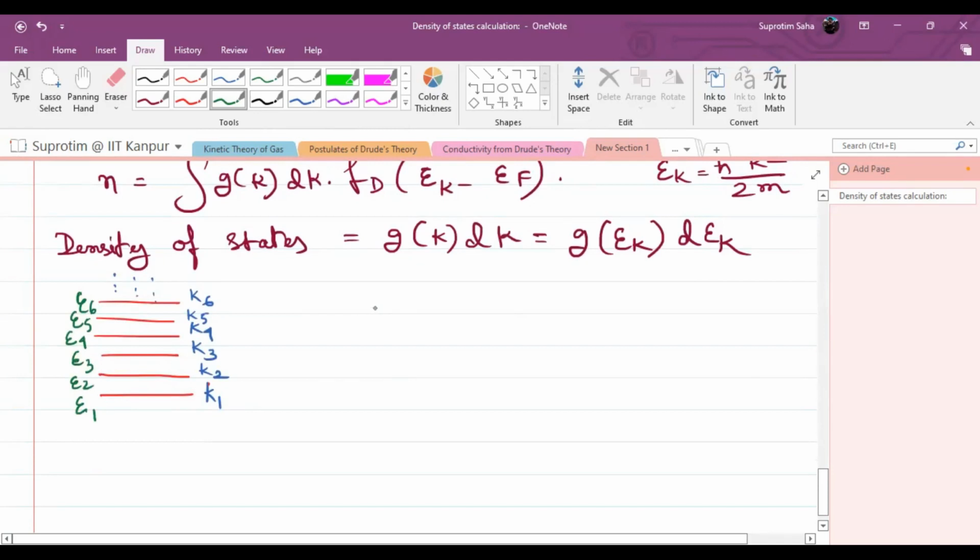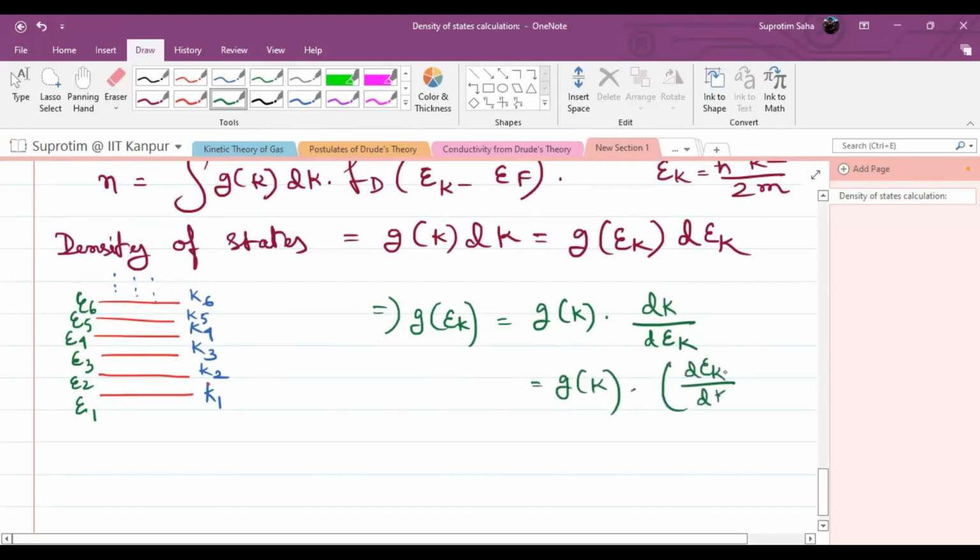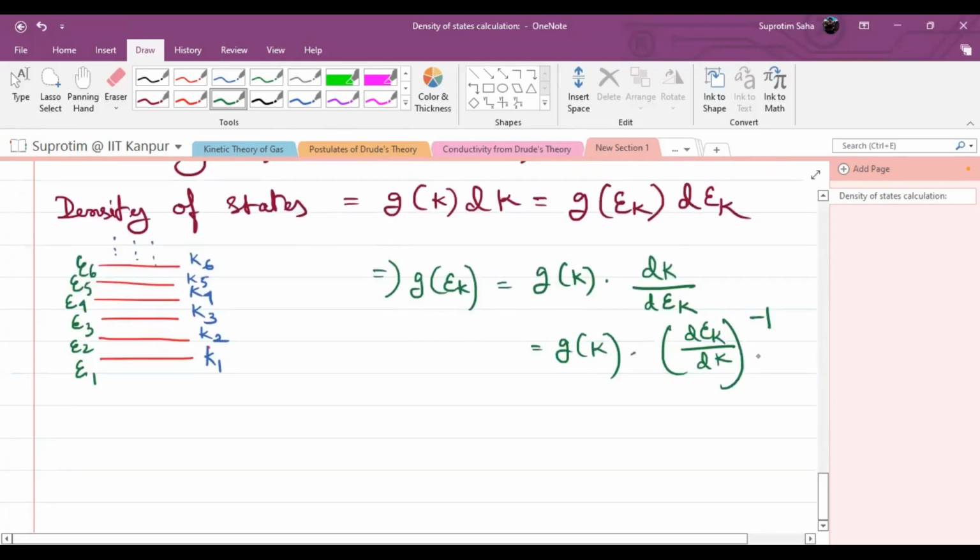So if this is so, this implies that g of epsilon k is g of k times dk over d epsilon k, which can be written as g(k) times the inverse of d epsilon k over dk.